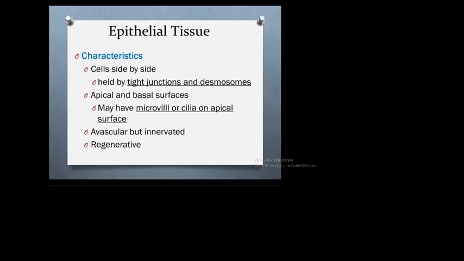And this last word here is very, very important: highly regenerative, which means epithelial tissue heals very, very well. So let's put it in perspective as a question. What would be the prognosis of an epithelial tissue injury? Good or bad?